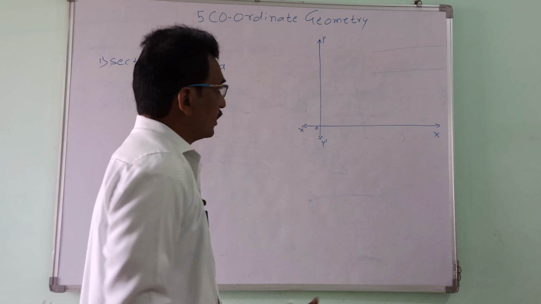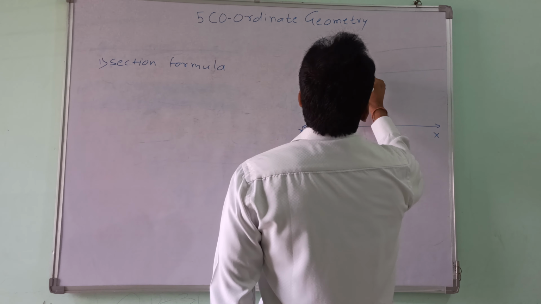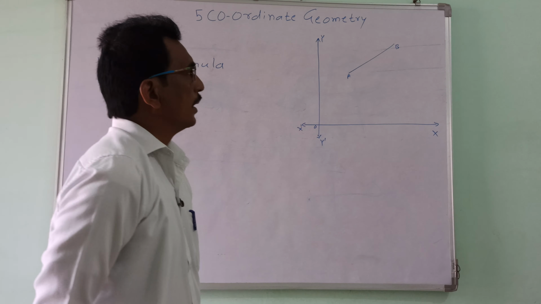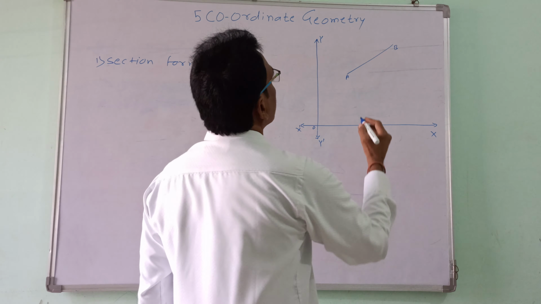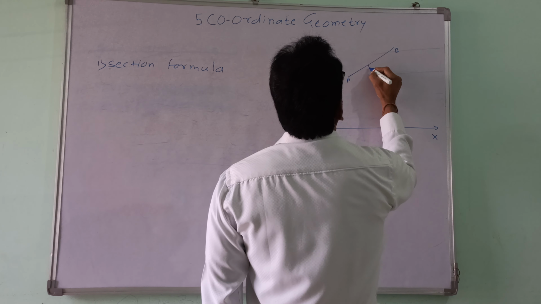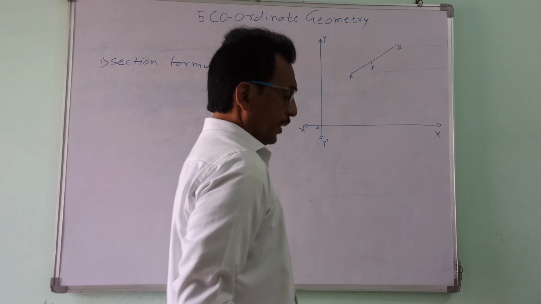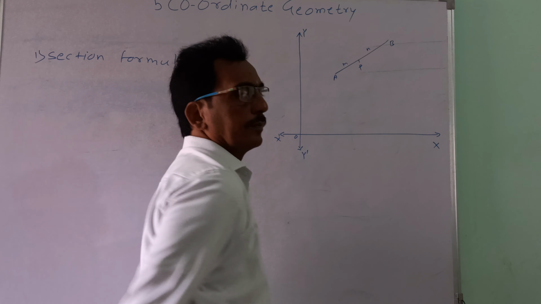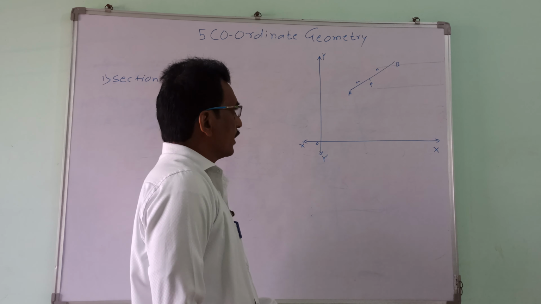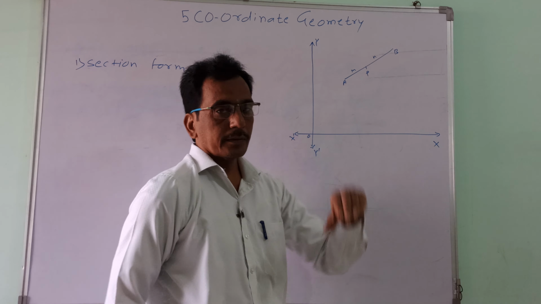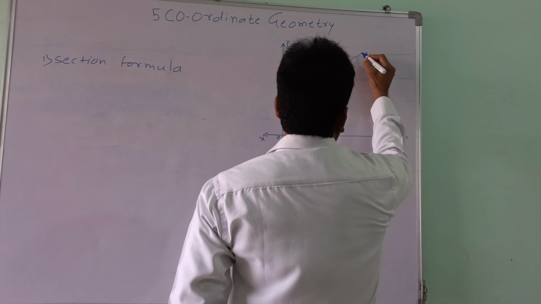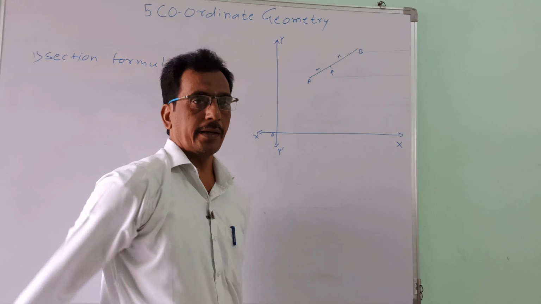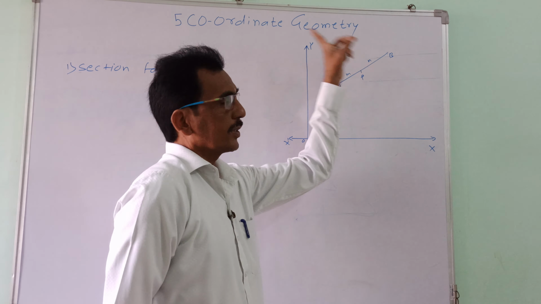Now, line segment AB is in a plane, and that line AB is divided by point P in the ratio m:n. In the plane, we have given line segment AB, and this point P divides this line segment in the ratio m:n.